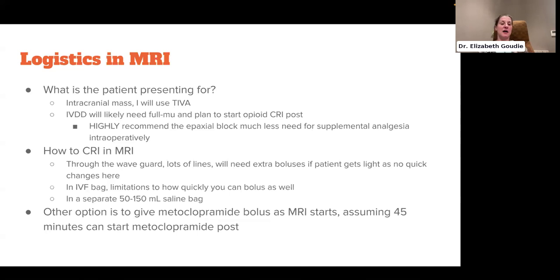And then if I have an intracranial mass, I often am using total intravenous anesthesia. I understand that 1 times MAC shouldn't really cause massive vasodilation, and therefore should not cause a significant increase in intracranial pressure and a decrease in your cerebral perfusion pressure. But when they have some sort of a lesion, especially a lesion that's been going on for a while, I always get worried that the normal homeostasis has been messed up.